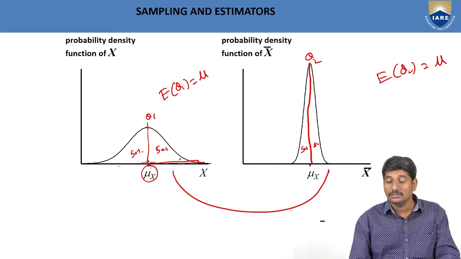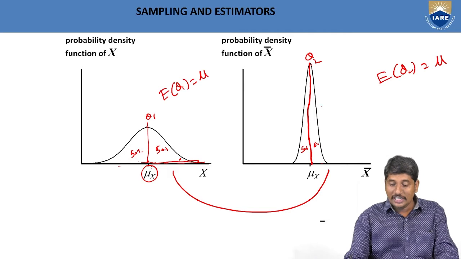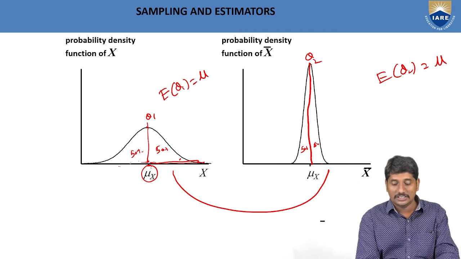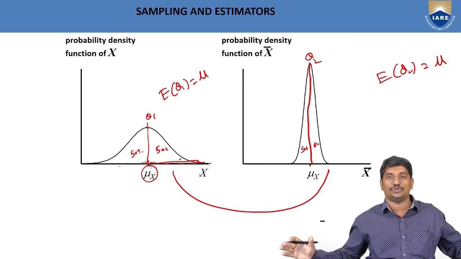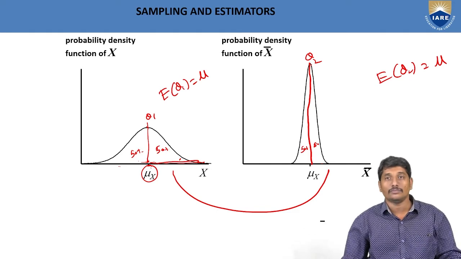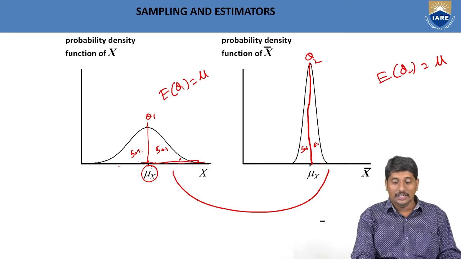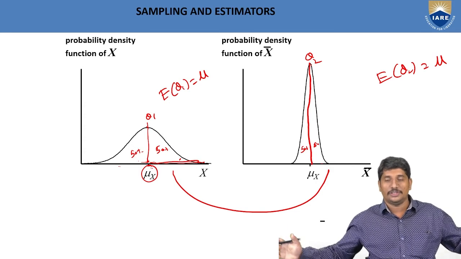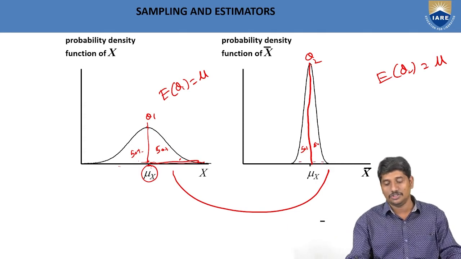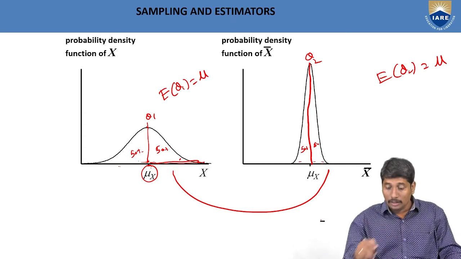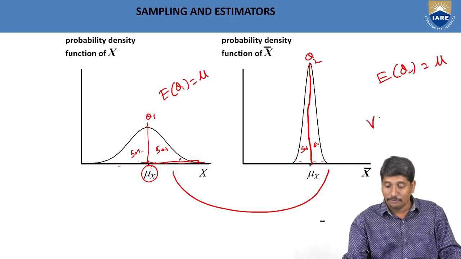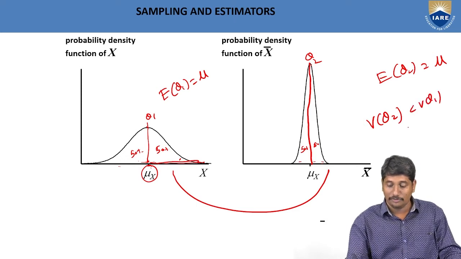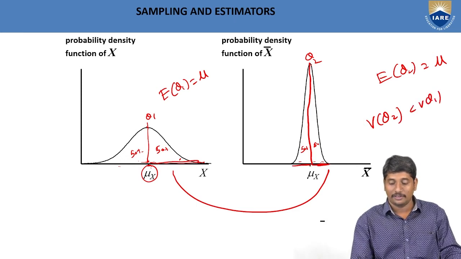It is storing the data in less space, while the other takes large space to store the data. That means variance of theta 2 is less than variance of theta 1. Variance means spread, this spread.